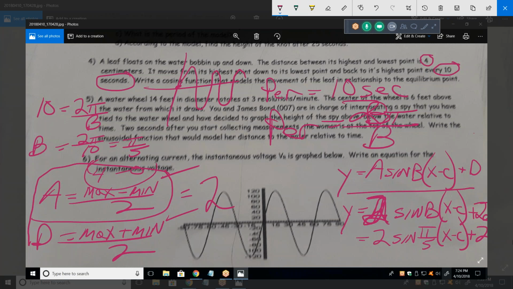So the phase shift kind of depends on where it starts. Well, they haven't really given us any information at all about a phase shift. So this is a terrible problem, but the only thing we can assume is that the phase shift is 0. So your final equation is this.